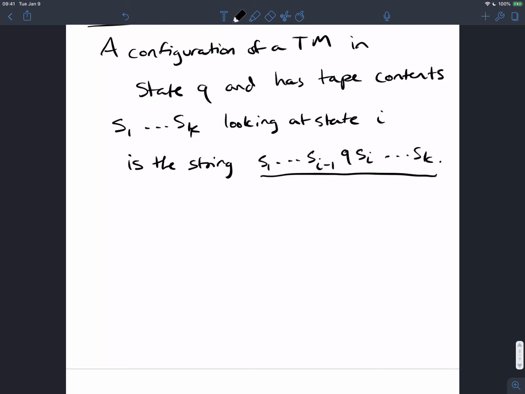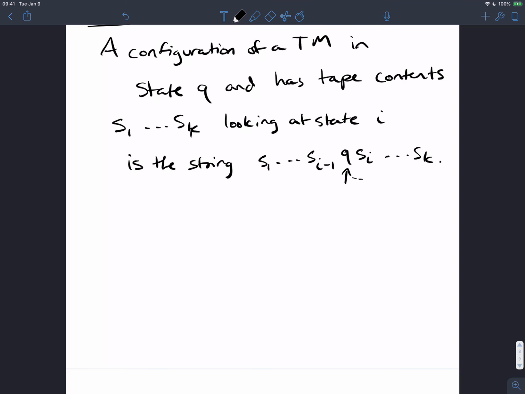Can you recover what things were on the tape originally? Yeah, just drop the state that was there, and then now you have the tape that was there. Pretty nice. Can you recover where the tape head was? Yeah, so the way you recover it here is you say, oh yeah, here's the state right there.